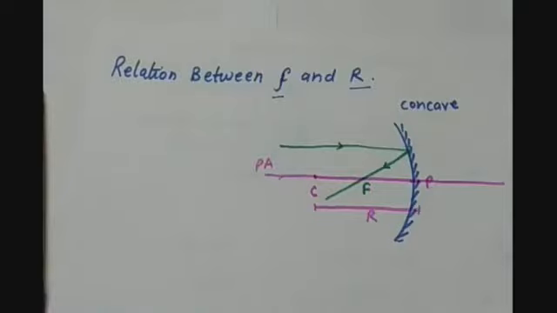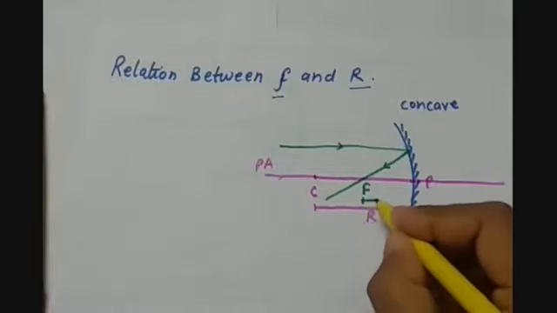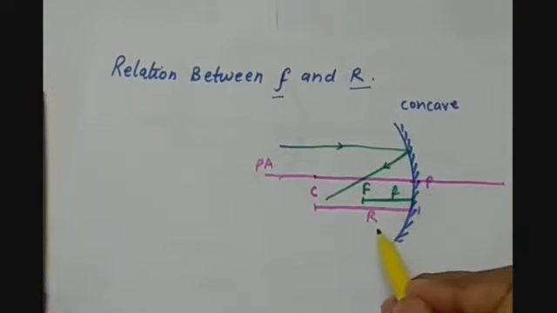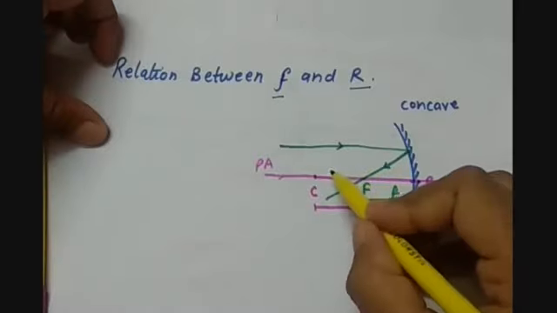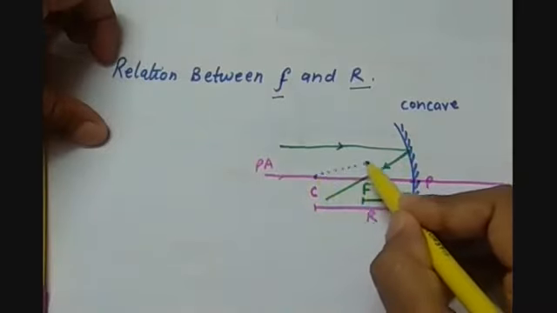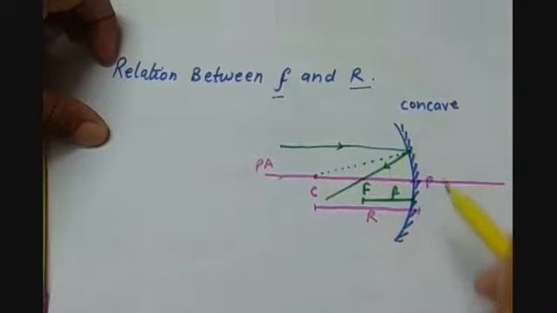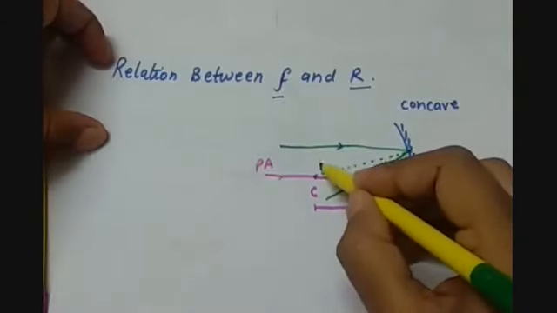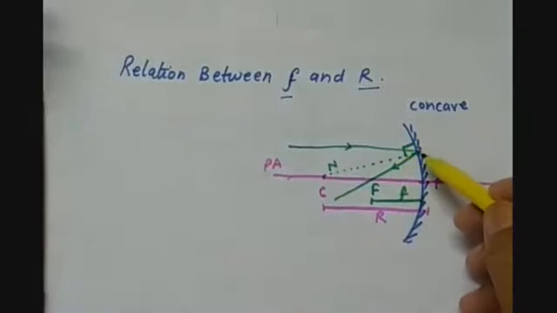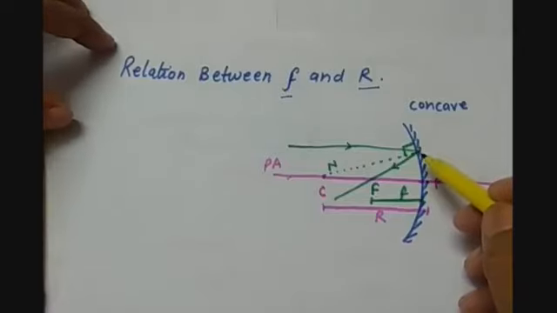Now we have to understand the relationship between the focal length and the radius of curvature. So what do we do? The line joining the center of curvature to the point of incidence is our normal. That means this makes an angle of 90 degrees at the surface of the spherical mirror.